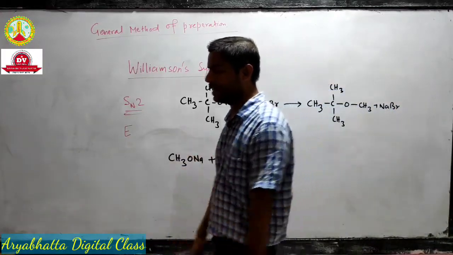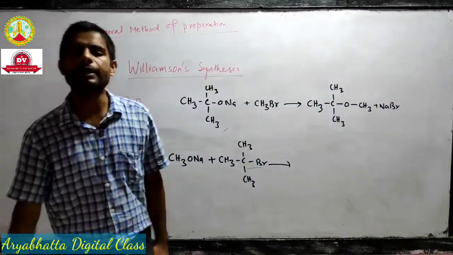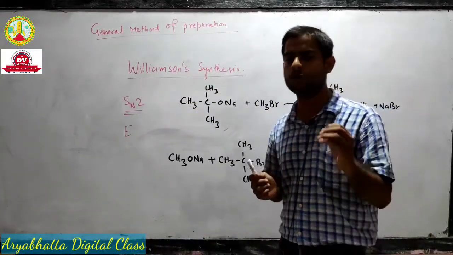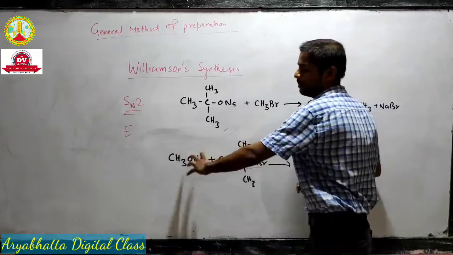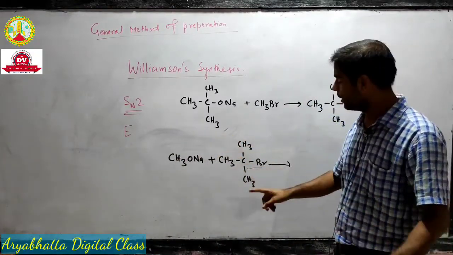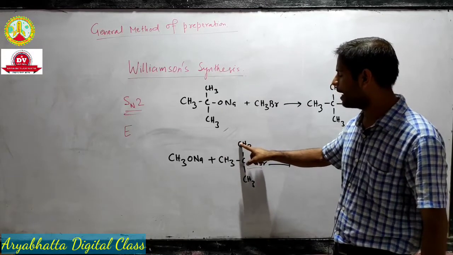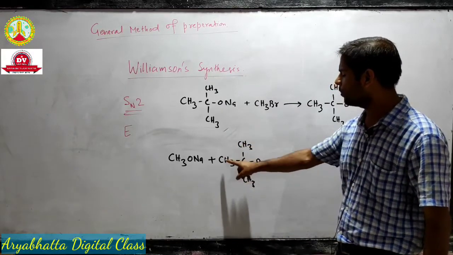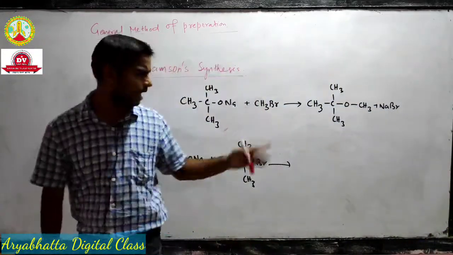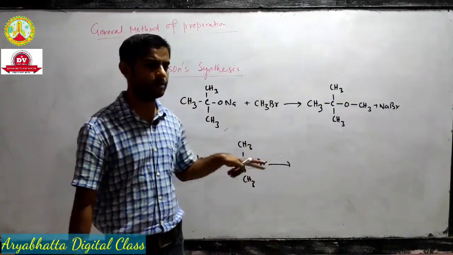This alkoxide ion will act as a base instead of acting as a nucleophile. When it acts as a base, it will remove a hydrogen from any of the beta carbons. This carbon is connected to 3 beta carbons.